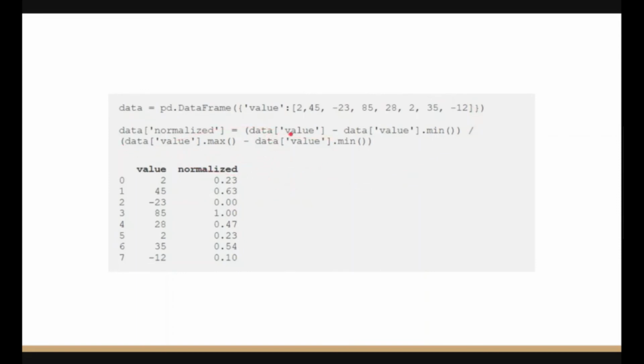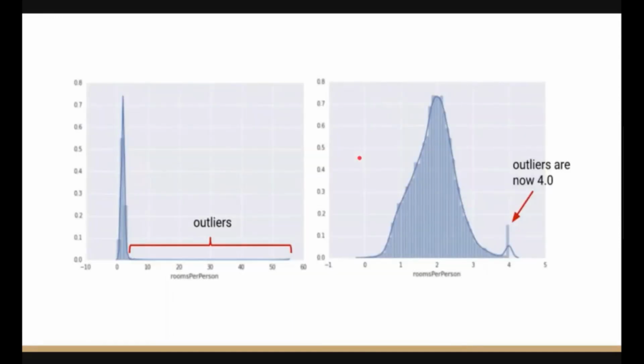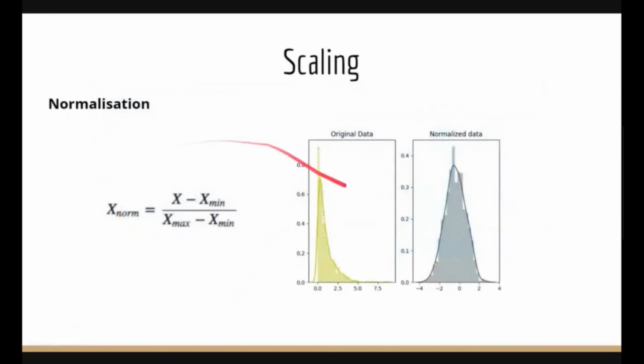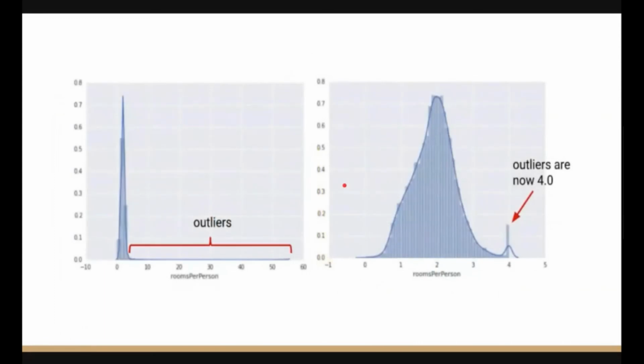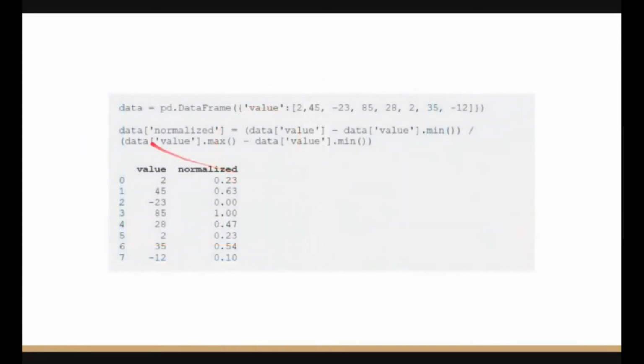Here, the data value minus data value min, divided by data value max minus data value min, is basically this equation. So here is the output for the data points in the normalized data matrix.